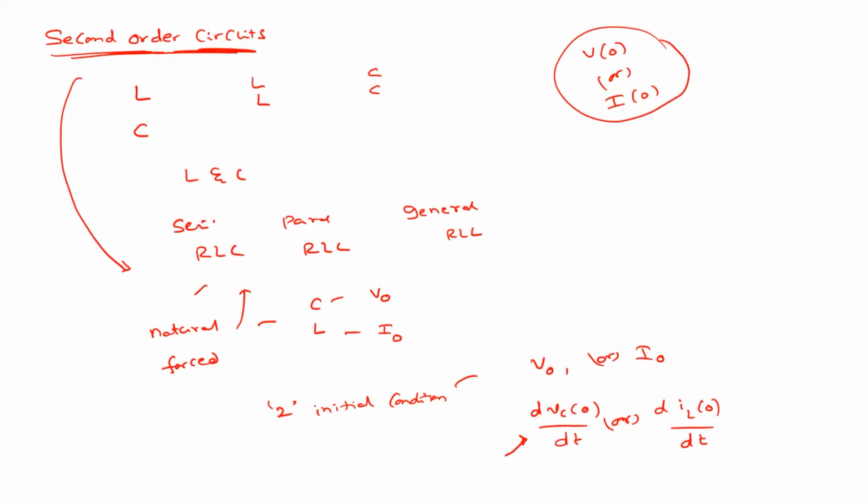So the topic here is initial conditions: finding the initial values for second order systems. Let us assume that you have a circuit something like this.